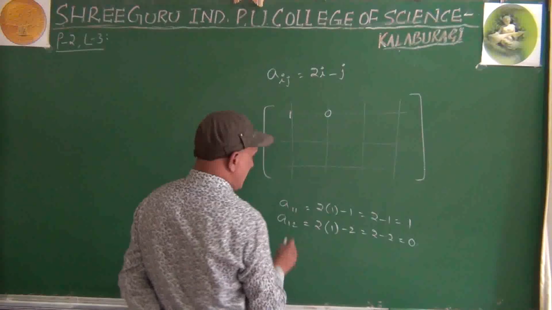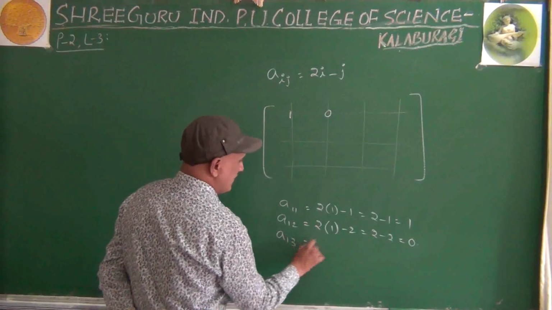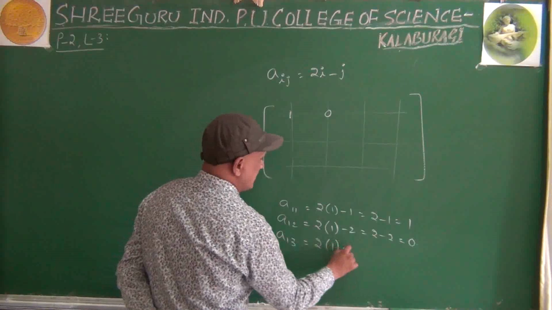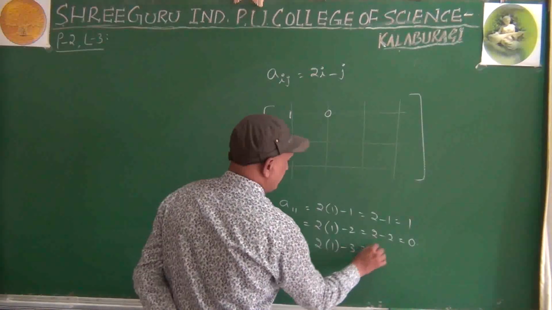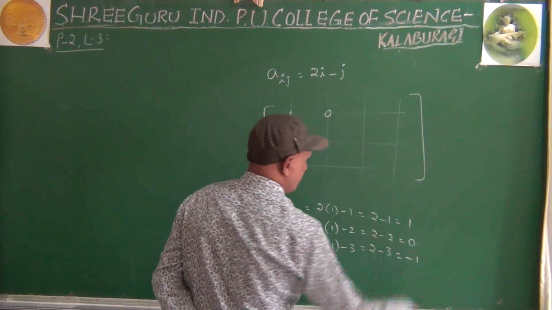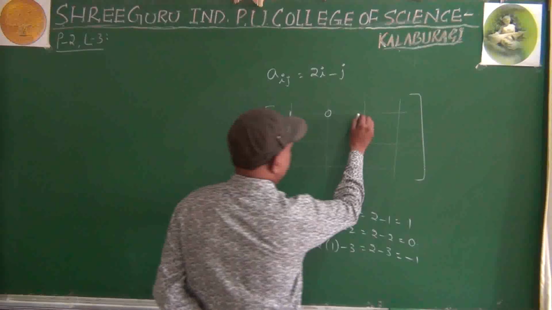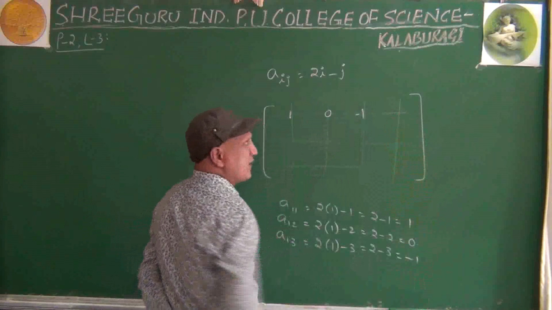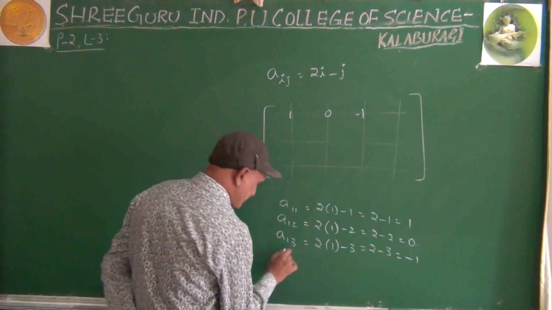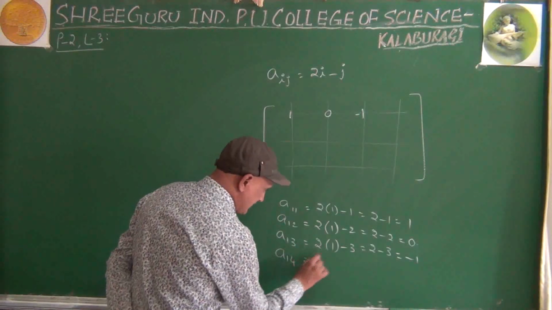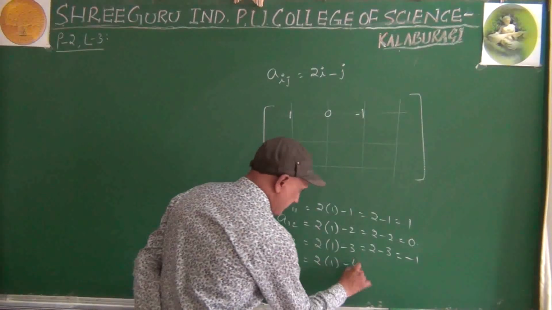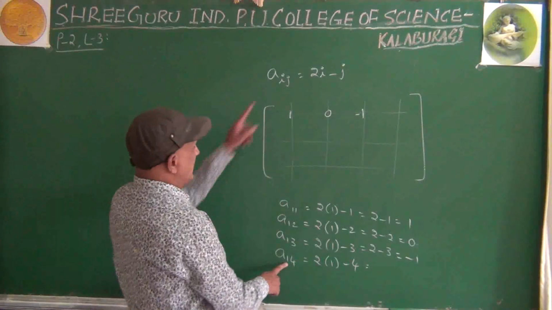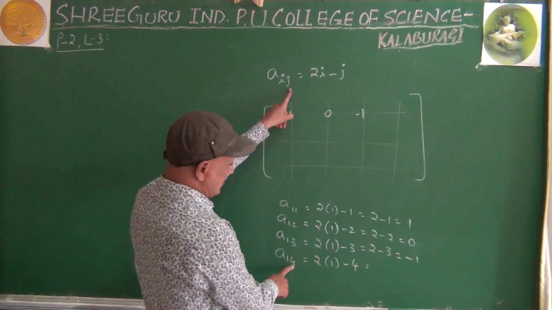This one, A13, first row, third column, gives minus 1. This place, first row, fourth column, means i value 1, j value 4.